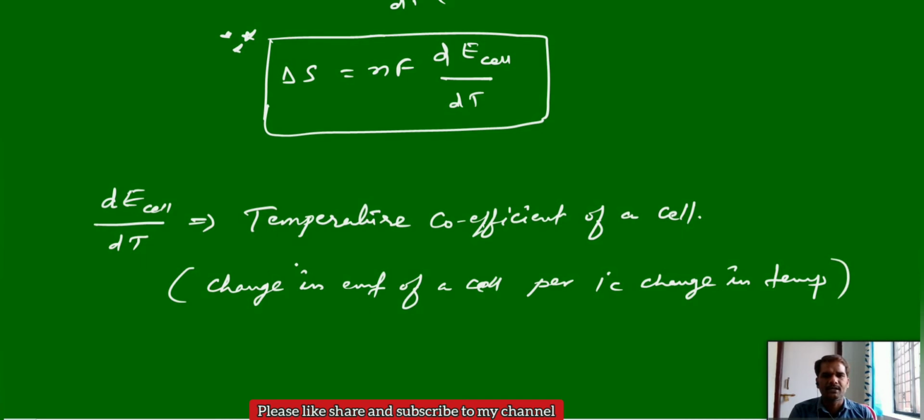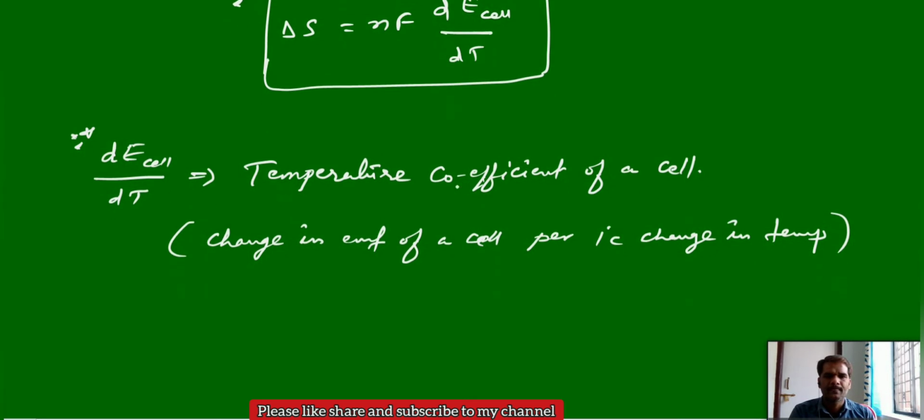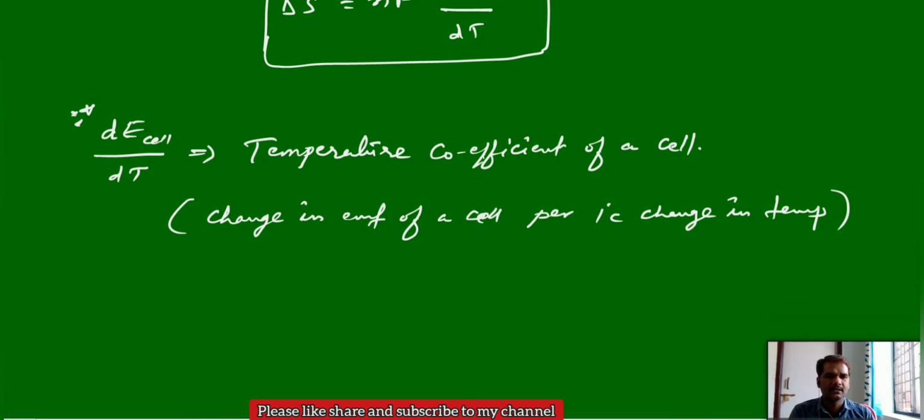Change 1 degree temperature, what is the change in EMF value? That can give the temperature coefficient dE cell by dT. You should remember the terminology: dE by dT is called temperature coefficient. Anyhow, this is a formula for entropy.